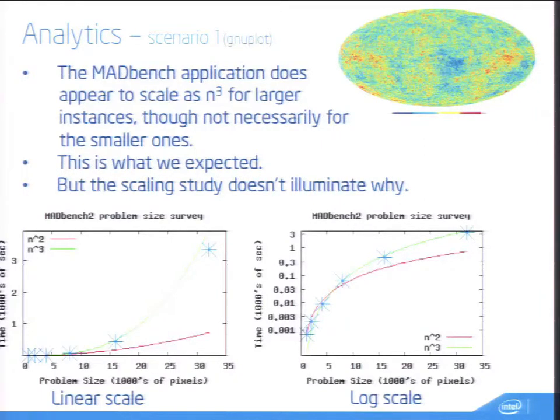And probably for the log scale, we see that this application fits the n squared line better when the number of pixels is small, and the n cubed line when the number of pixels increases. So in this environment, this application is more I/O bound for the small scale and more network bound for larger numbers of pixels.